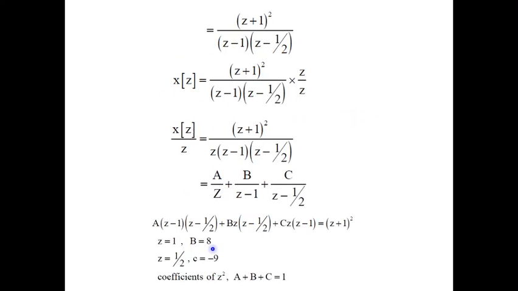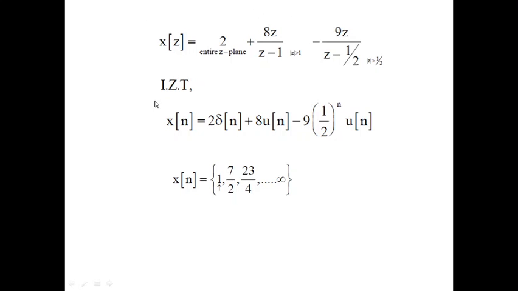So when z is taken to the other side, you get a plus b into z by z minus 1 plus c z into z minus 1 by 2. Substituting the values, x of z equals 2 plus 8z divided by z minus 1 minus 9z divided by z minus 1 by 2.